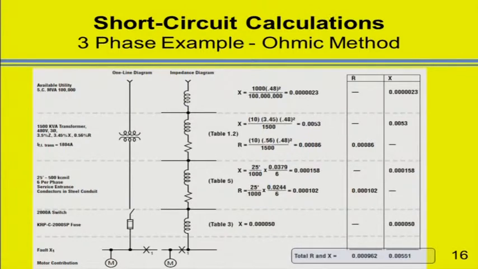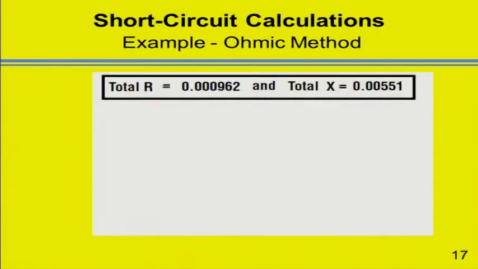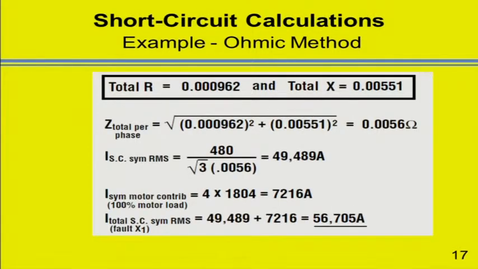Now I take those numbers, the total resistance and the total inductive reactance, the opposition to the flow of current, and then we do the Pythagorean theorem to calculate what is the total impedance to the fault current. Now because this is a three-phase system, we're dividing by the square root of 3 times the impedance that we get here, 0.0056 ohms. We're going to take that on the bottom, the voltage is on the top.